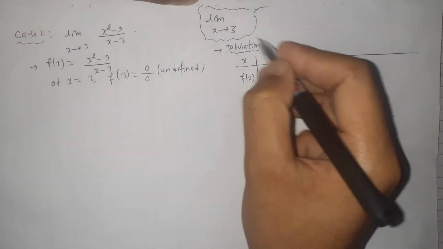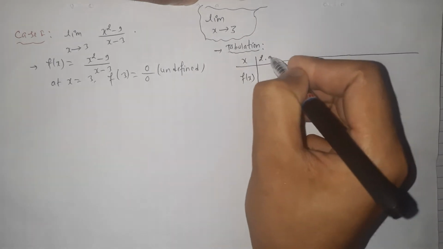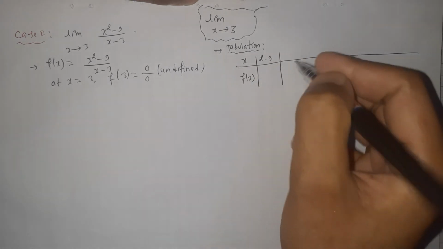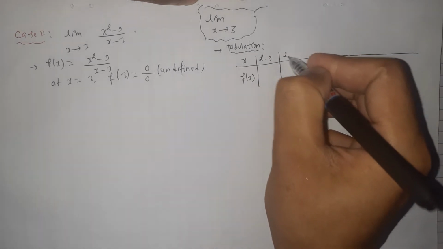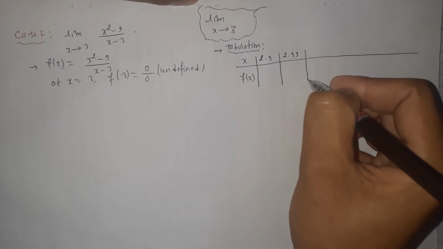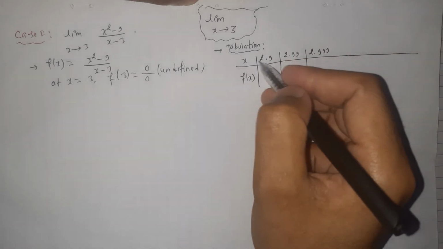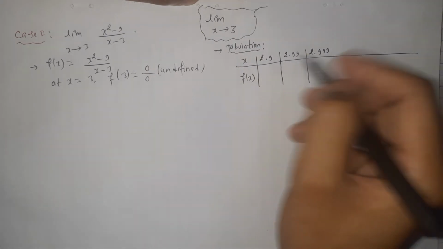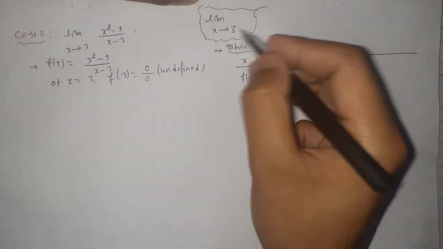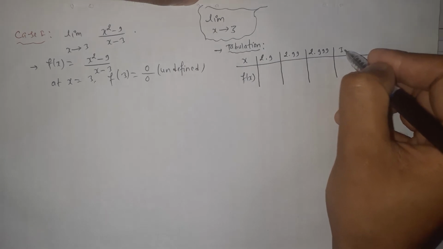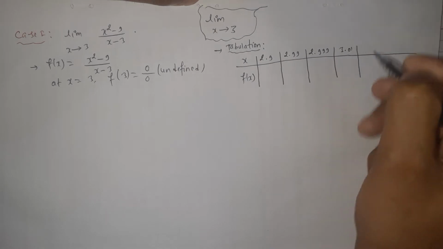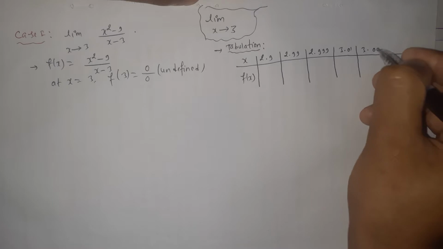The values nearly equal to 3 are 2.9. It is one value, and another value will be 2.99. Let's take some more values, 2.999. Here we approach 3 from the left hand side. Similarly, we can approach 3 from the right hand side. Let's take the values 3.01, 3.001.